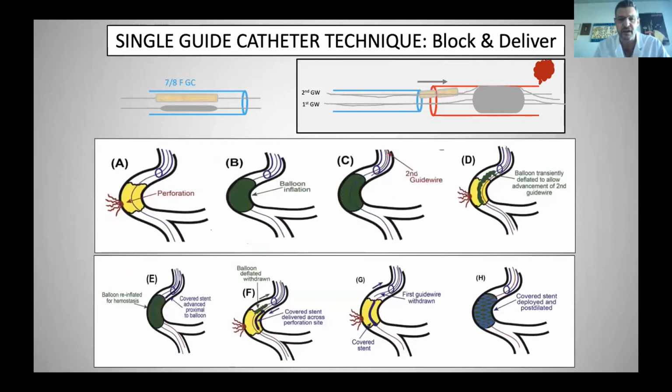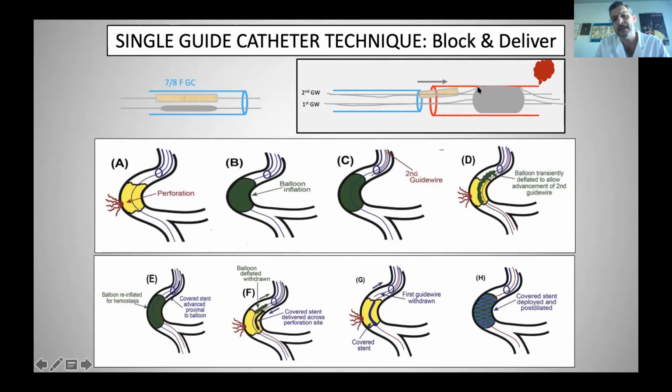On the opposite side, this is the summary of the single guide catheter technique described by Manos Brilakis. If we are using an 8 French, or even 7 French if single layer stents are available in your cath lab, you can advance at the same time through the same guide catheter the balloon for occlusion to stop the bleeding. Then you can advance a second wire into the same guide catheter with the covered stent.